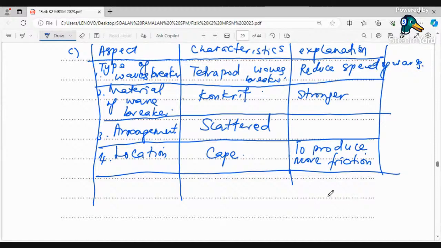Okay, kita nak dia scattered tadi. Sorry, saya tulis sana. To produce more friction. Kalau more friction, dia akan ni lah, okay.